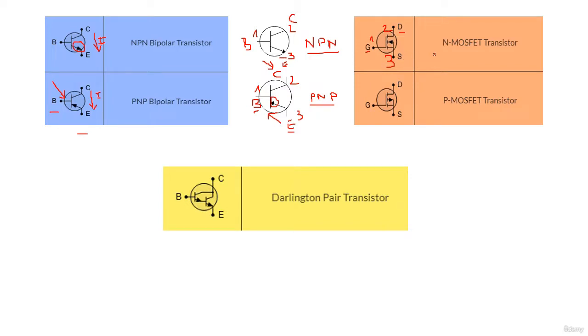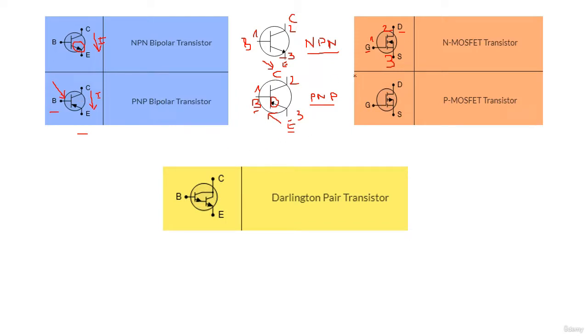So this is the N MOSFET transistor, and this is the P MOSFET transistor. There is a difference between the arrows for the MOSFET and the transistor.